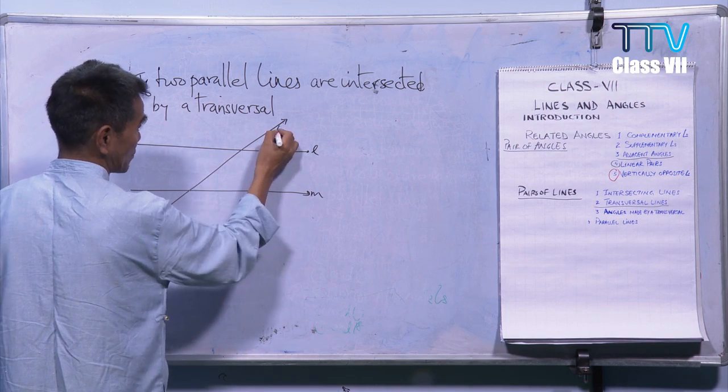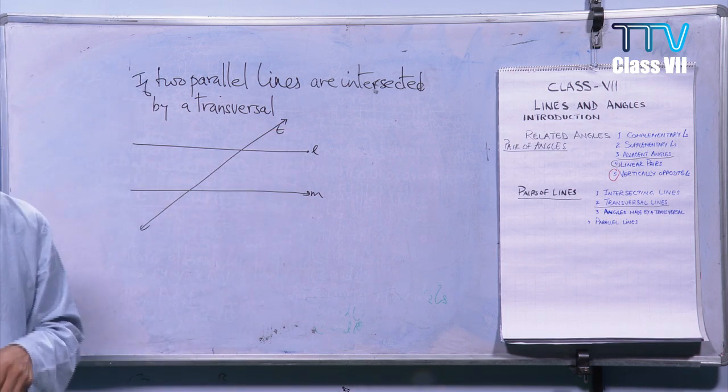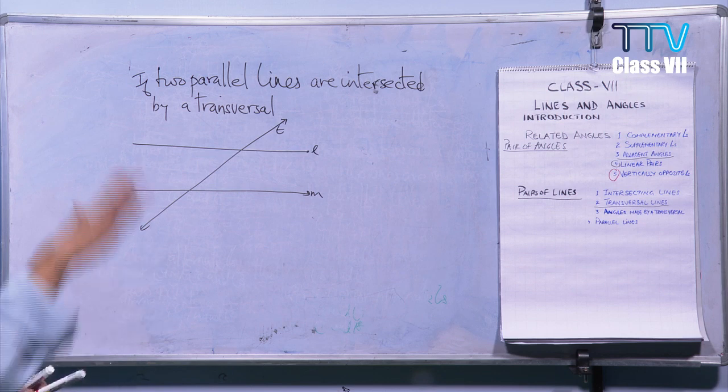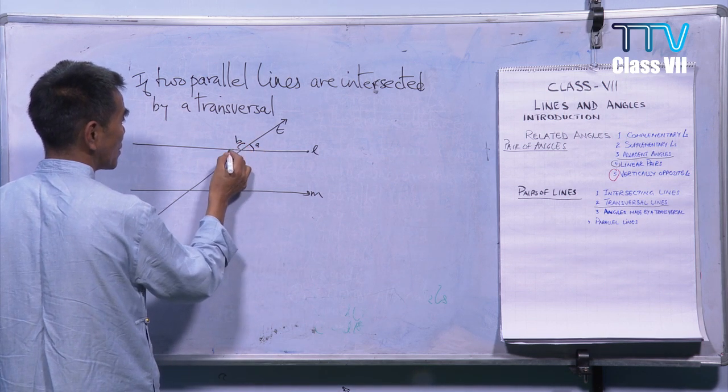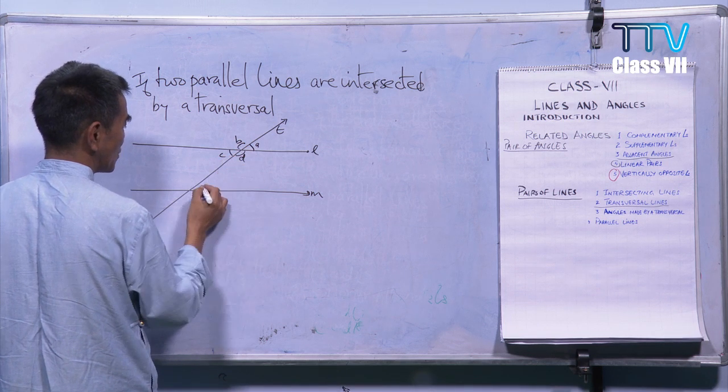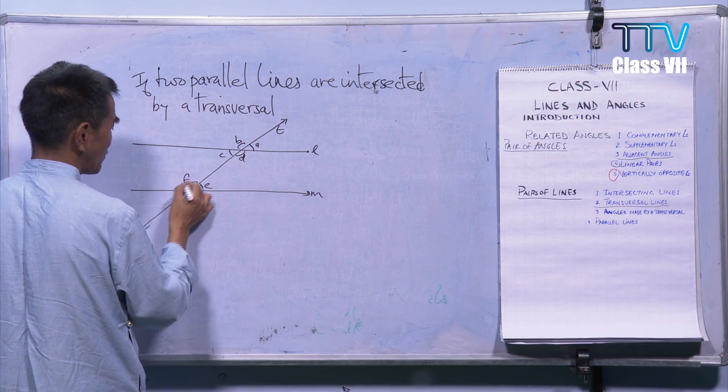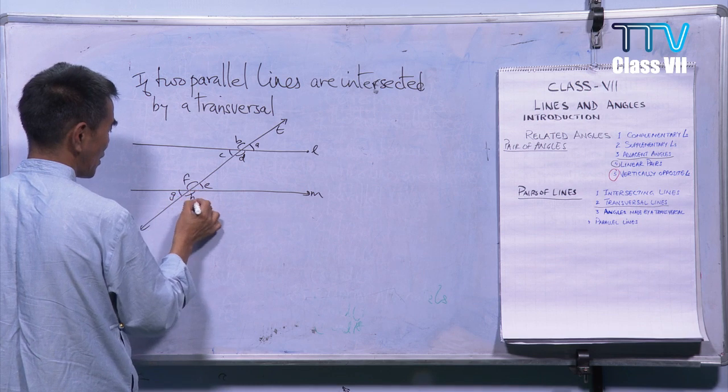The transversal line intersects, and the angles are formed like this. I mark these as A, B, C, D, E, F, G, H.